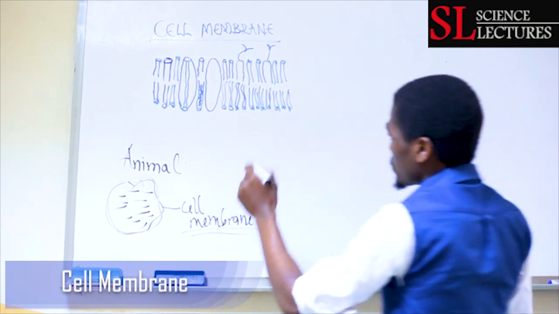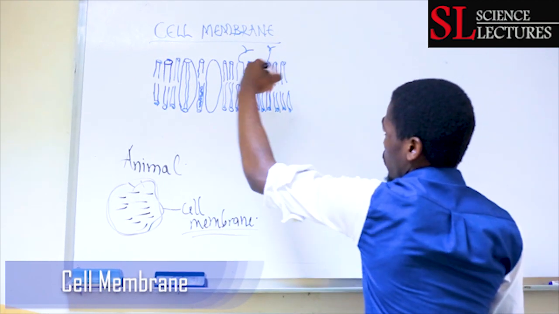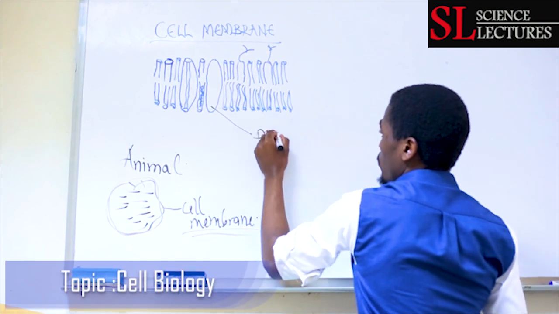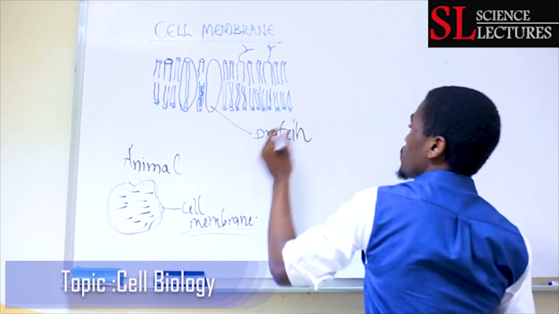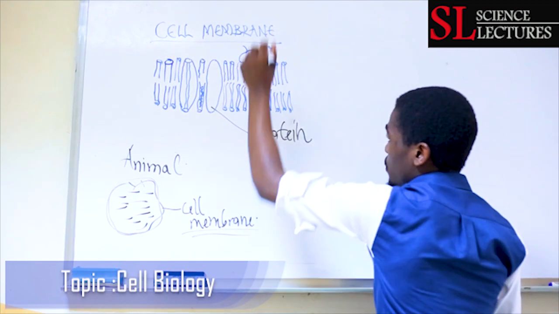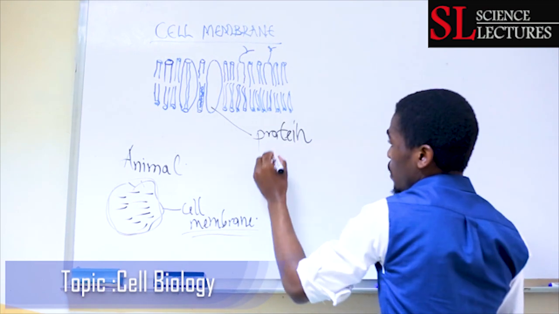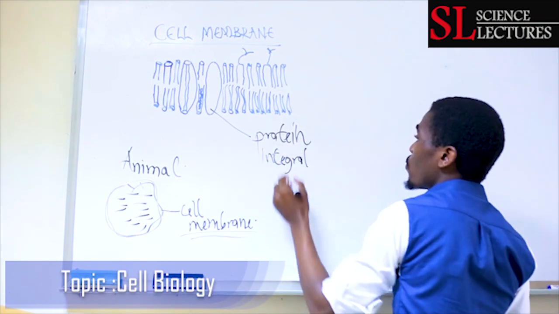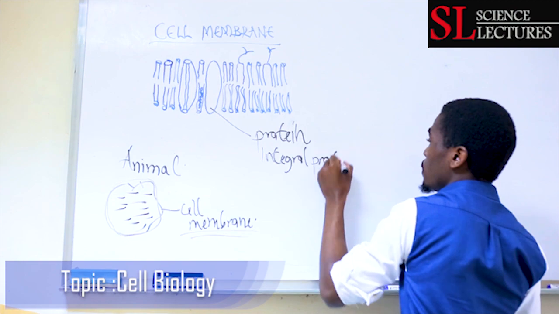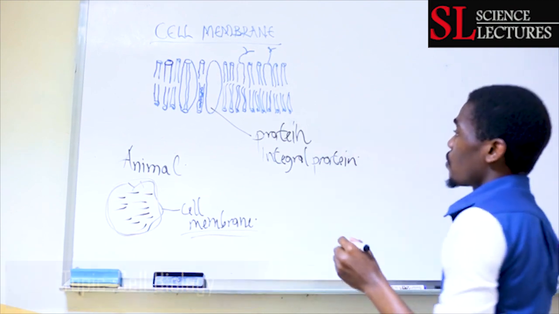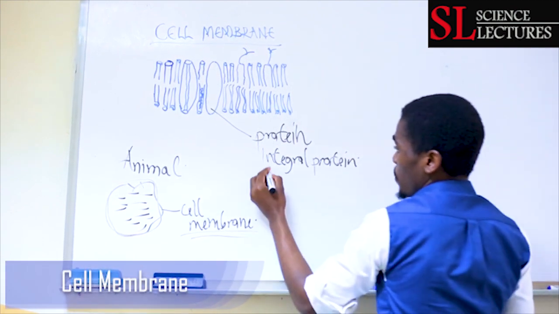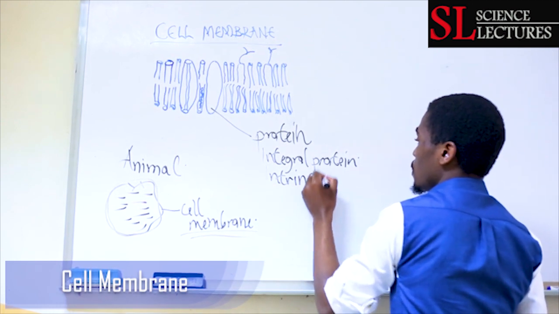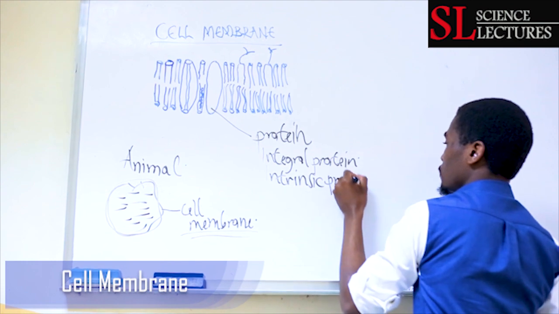This cell membrane will have what we call the phospholipids. We can have a protein that spans along the entire membrane, and this protein is what we call the integral protein, or the intrinsic protein.